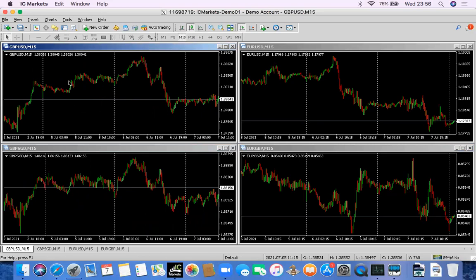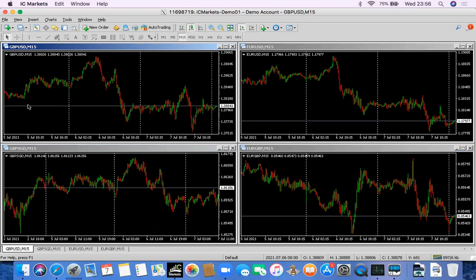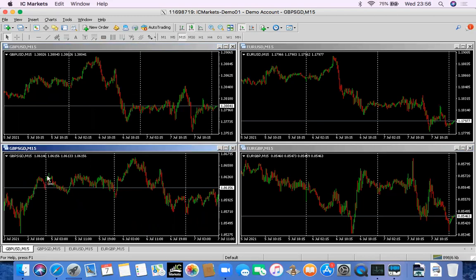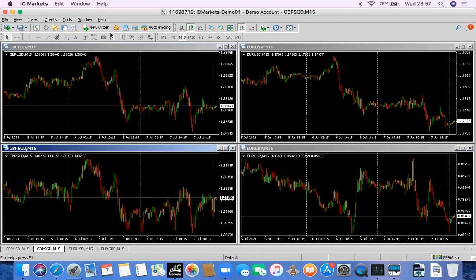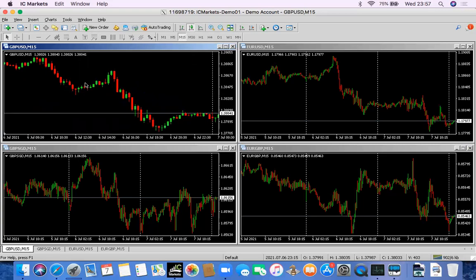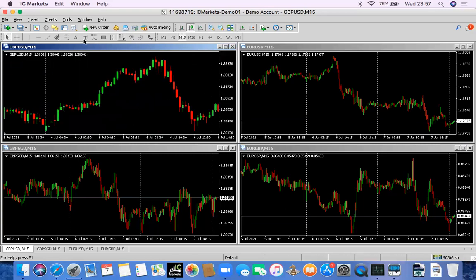This was Monday, which was the 5th of July. The 4th of July was Sunday. So Monday was a bit choppy and slow. But for yesterday, which was Tuesday, you could see if you zoom in, right here, there was a break of this level.